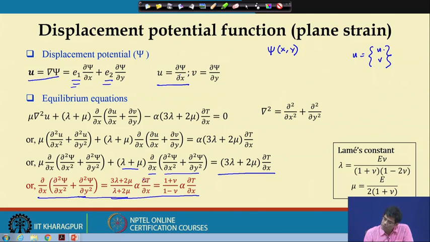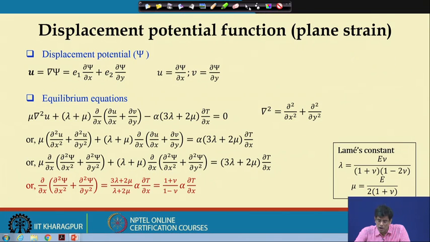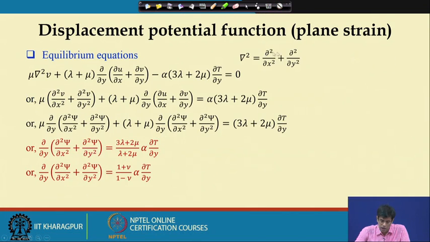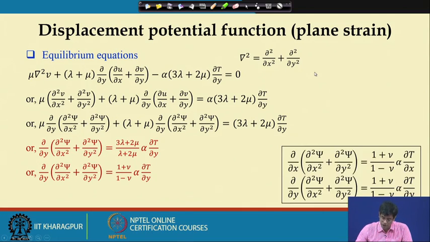Where lambda and mu are the first Lame constant. So, now once we know the displacement potential, we can solve this equation to get a similar thing to what we have solved for the stress function approach. So, finally, this is the second equation.